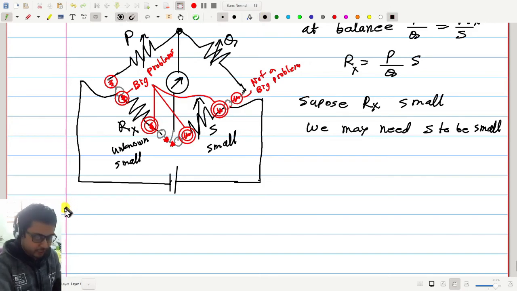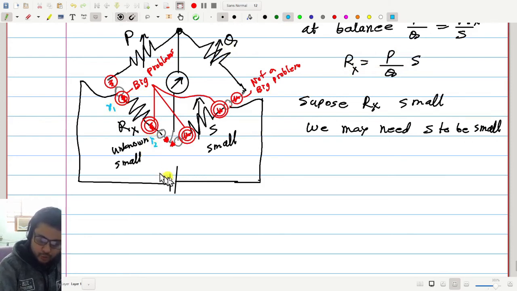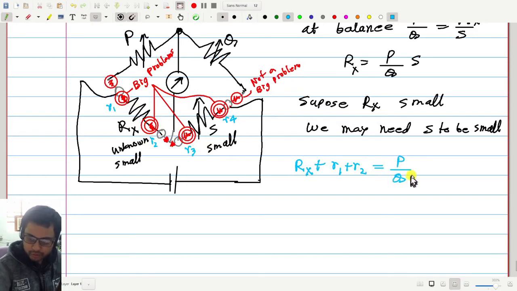So do you follow what is the problem? Problem is that the small resistances are coming in series with other small resistances, and now in this equation, suppose I call this little r1, little r2, little r3, little r4, then actual balance equation will be this Rx plus little r1, little r2, this should be equal to P by Q multiplied with S plus little r3, little r4.